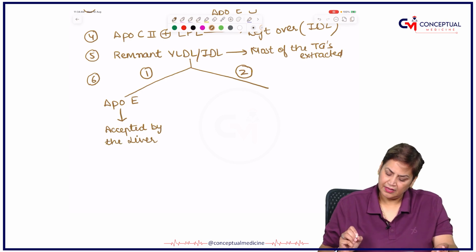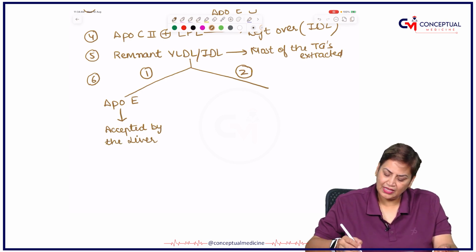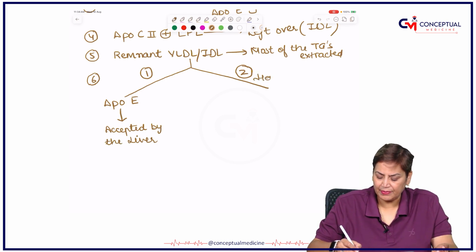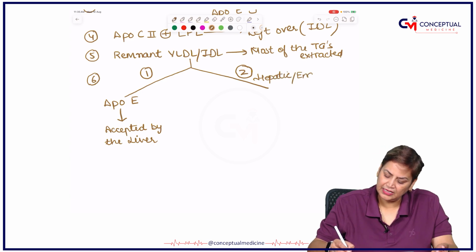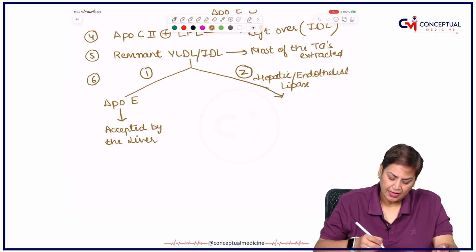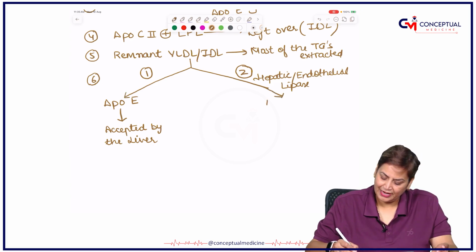Right? And second, with the help of hepatic lipase or endothelial lipase, it will be converted into LDL.